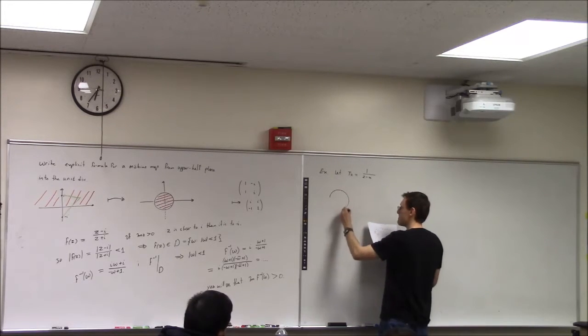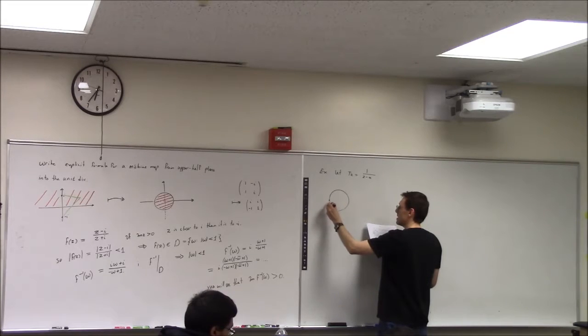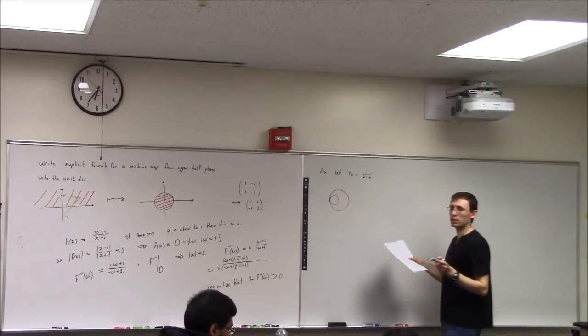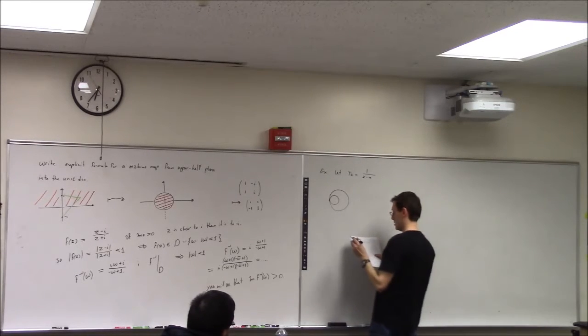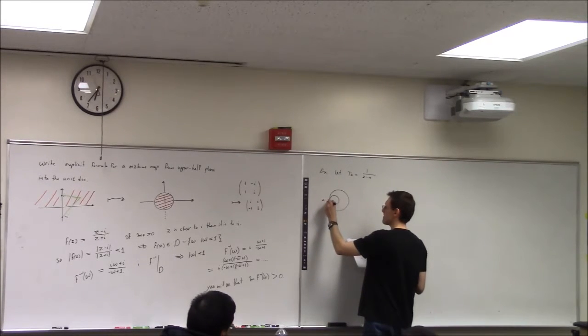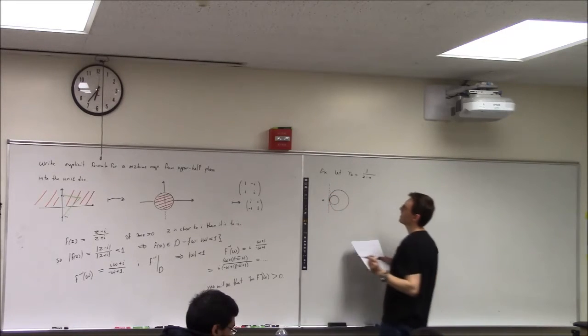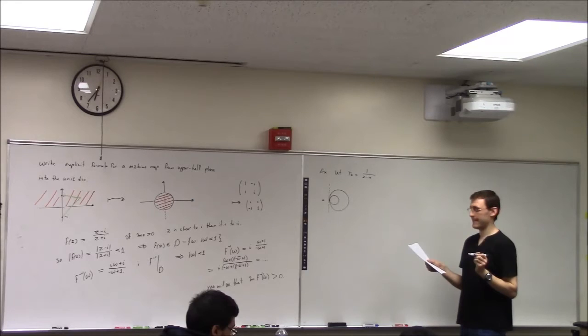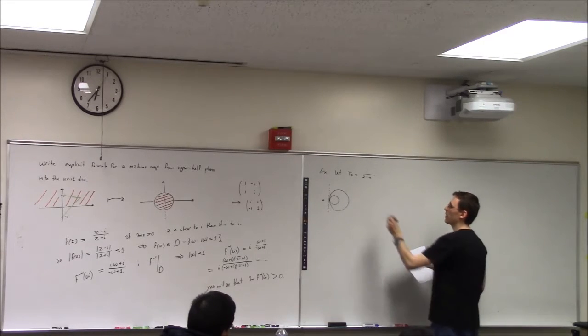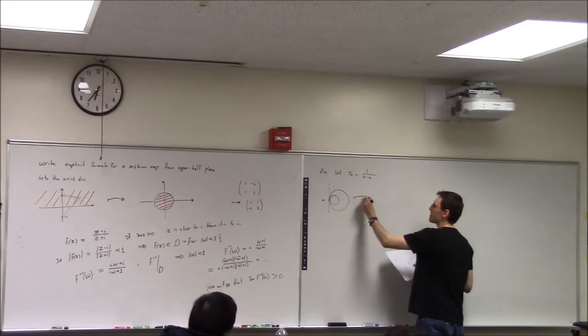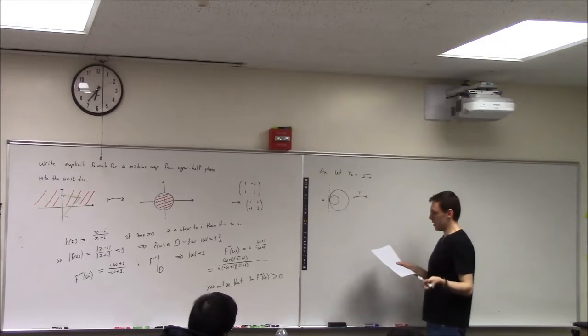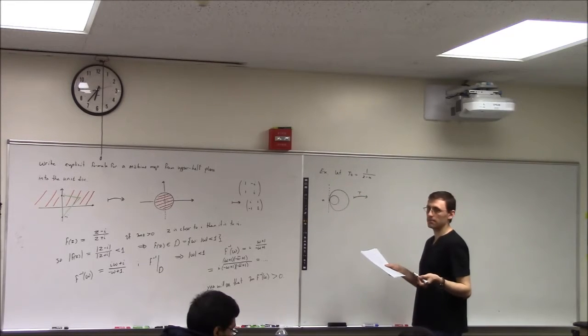So this is A. And we have two circles that are touching at A. Okay? And I want to know what's going to be the image under the action of T. Okay?